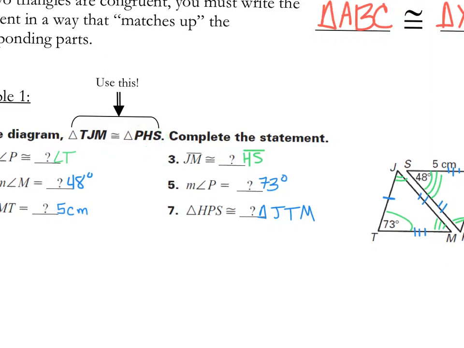And I can show you. So I know that J matches up with H, and P matches up with T, and then our last one would be S matches up with M. Alright, so that is how they match up.